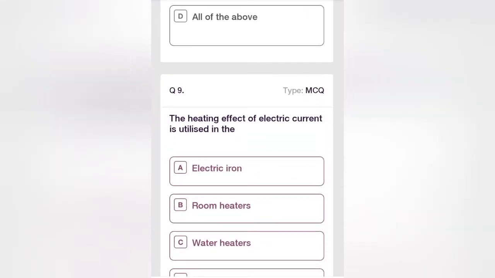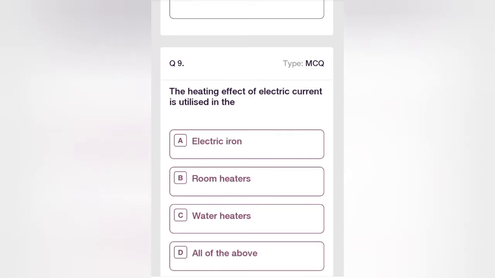The heating effect of electric current is utilized in. See, we know when we pass current through a wire, especially nichrome, it provides a lot of heat. It's an alloy used in electric iron and other heating elements.